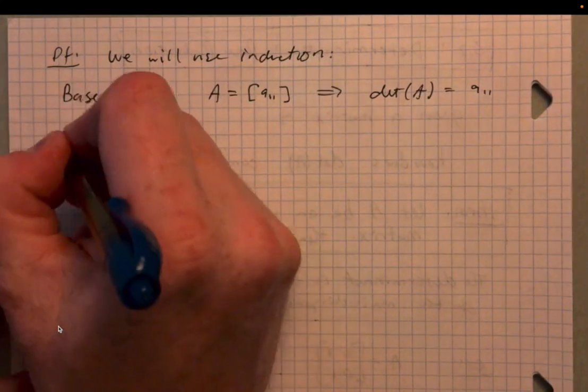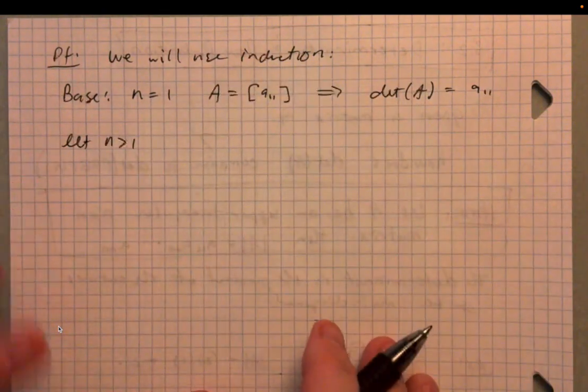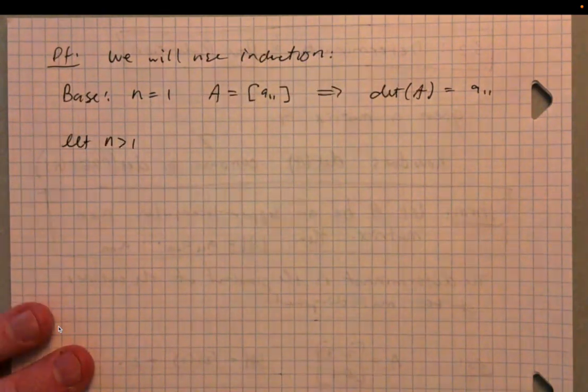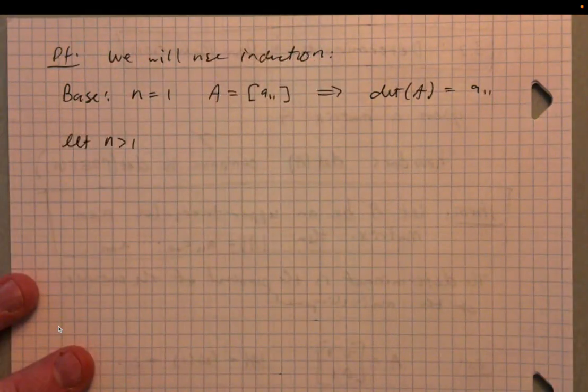Okay, and then we'll let n be greater than 1, and assume that for any upper triangular n minus 1 by n minus 1 matrix, we have the induction hypothesis.